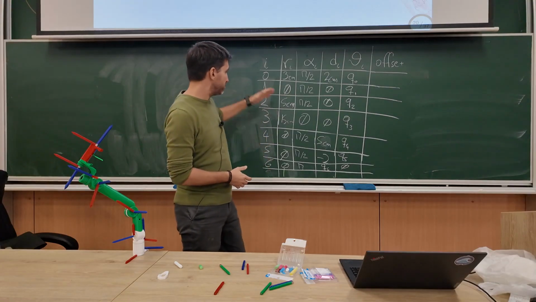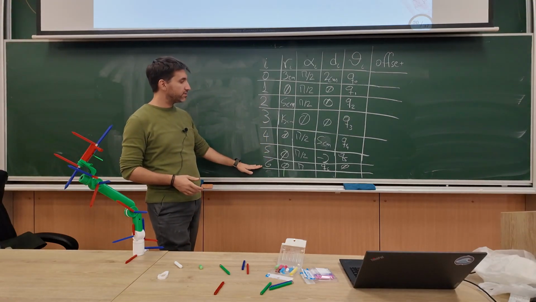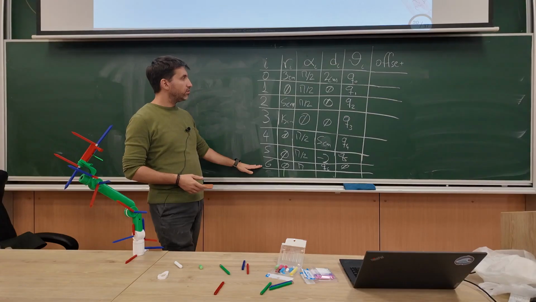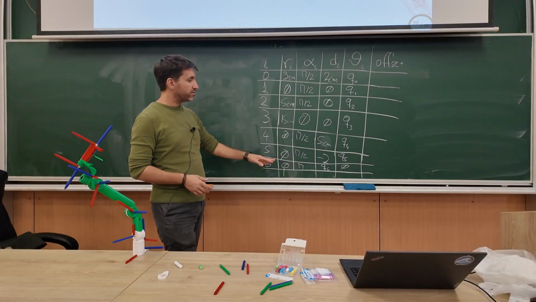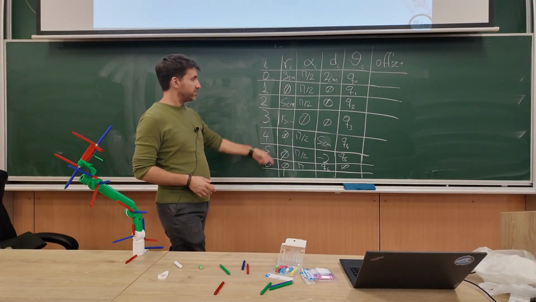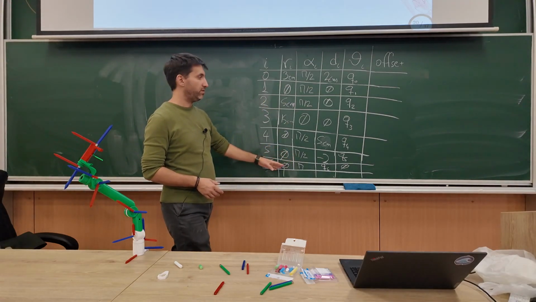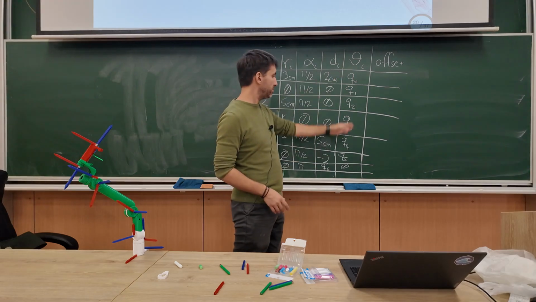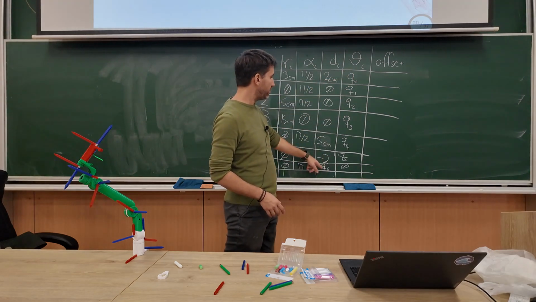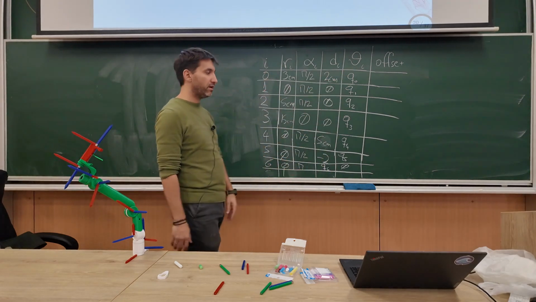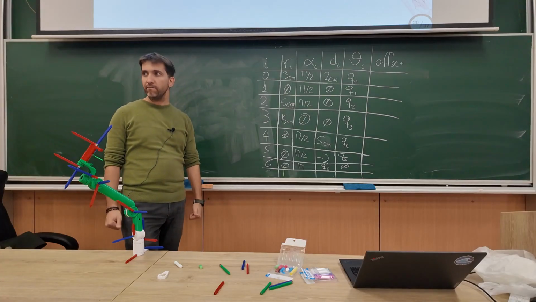So for a 6-joint robot, you don't have to calculate 24 parameters, like 6 times 4. You have to calculate 6 times 3, so 18 parameters. The theta or the d you get for free because it's a variable. Okay?